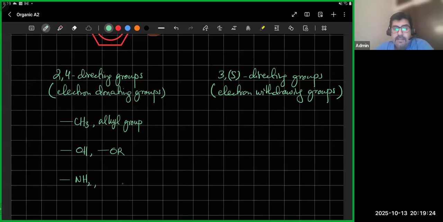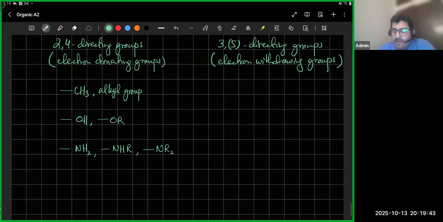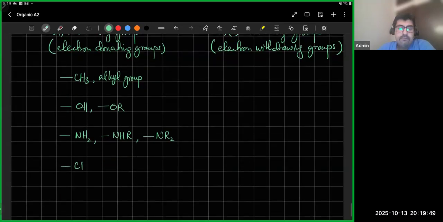So you've got amines, and you've got different types of amines. You can have an amine with one carbon chain, or you can have an amine with two carbon chains. You can remember R is a carbon chain. And then you have Cl as well. That's an electron donating group as well.